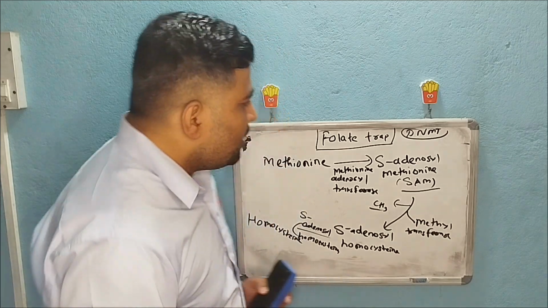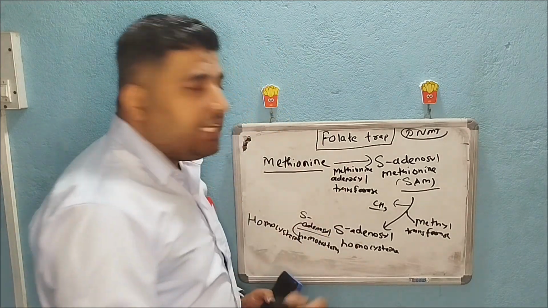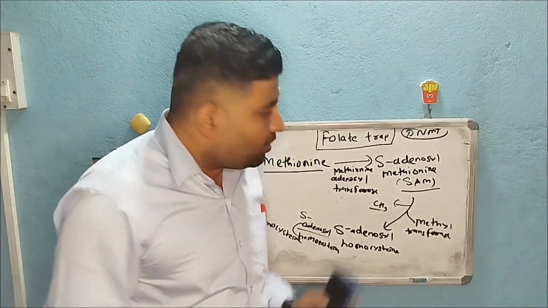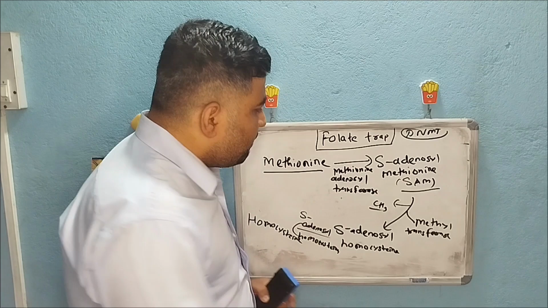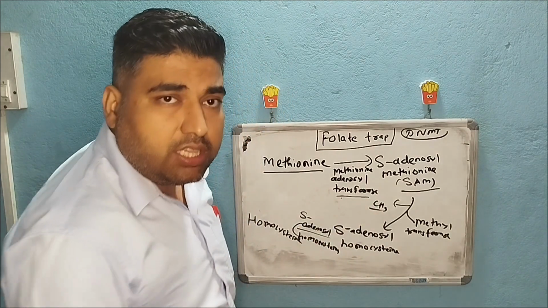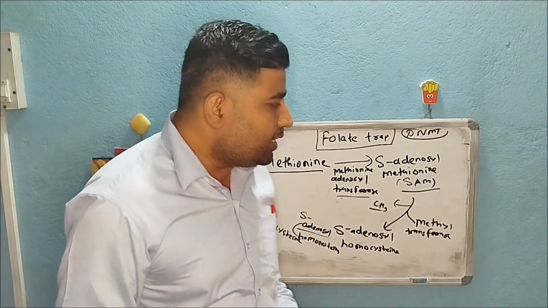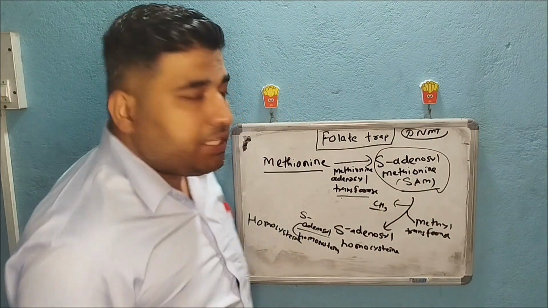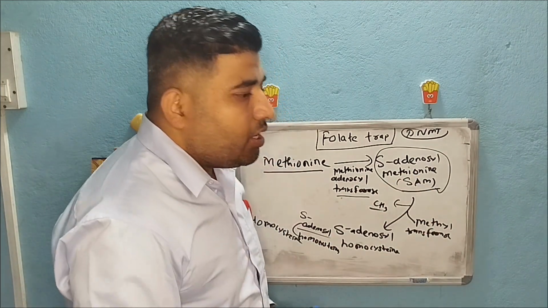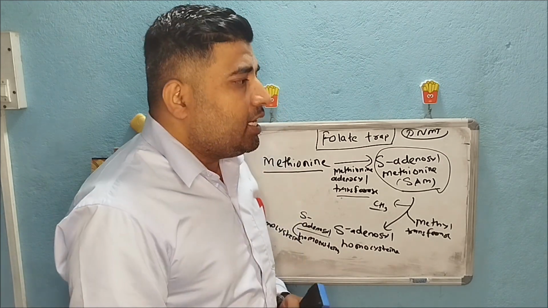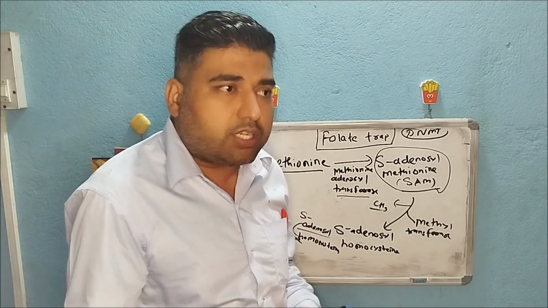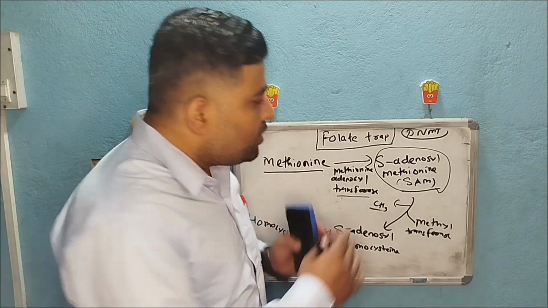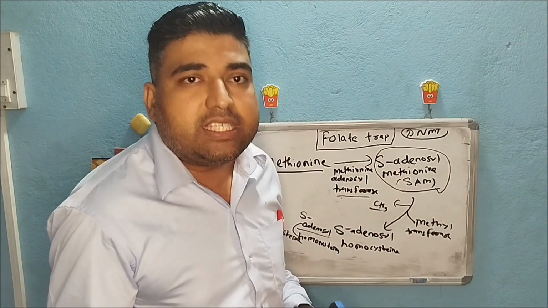During the course of methionine metabolism, methionine is first converted into S-adenosyl methionine by the enzyme methionine adenosyl transferase. This compound, called S-adenosyl methionine or SAM, is important because the enzymes catalyzing methylation use SAM as a coenzyme.